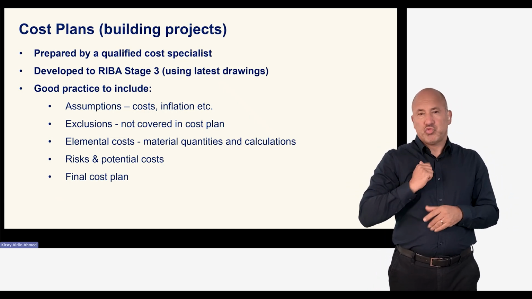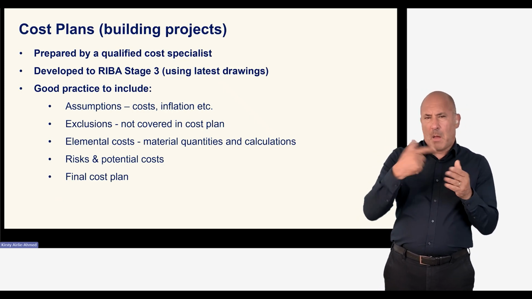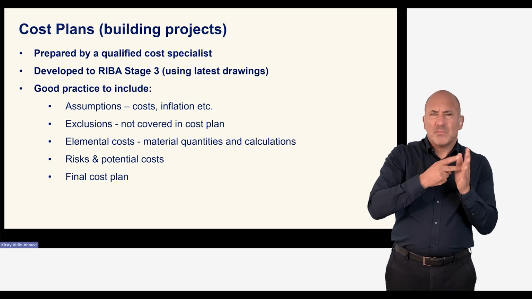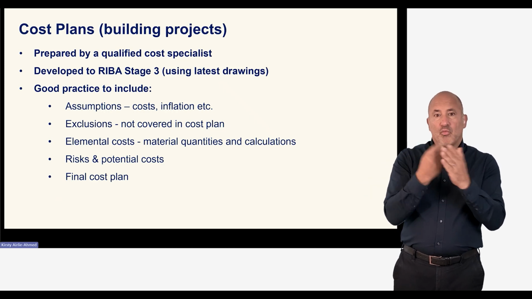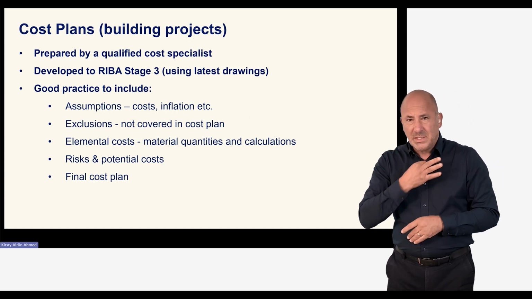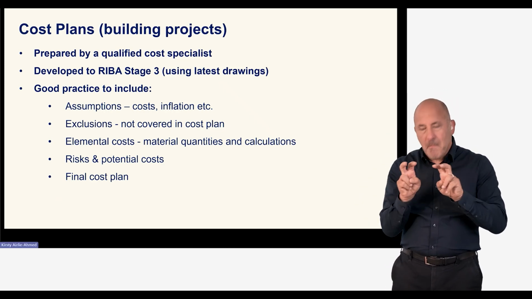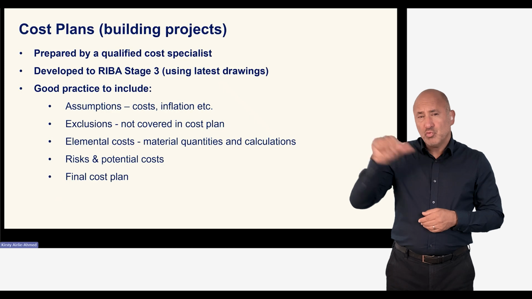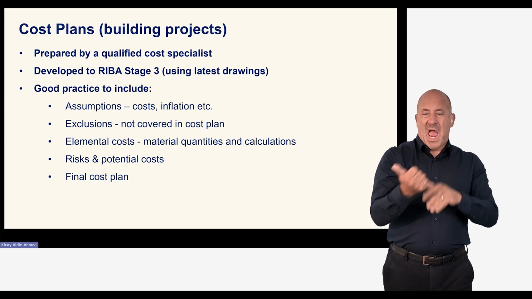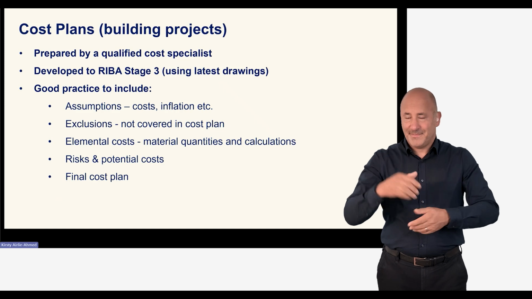It's good practice to include assumptions for costs, inflation, etc., exclusions, items not covered in the cost plan, elemental costs, material quantities and calculations, risks and potential costs, and the final cost plan. Your cost plan should be an accurate reflection of the expected costs for your project and should align with your budget.